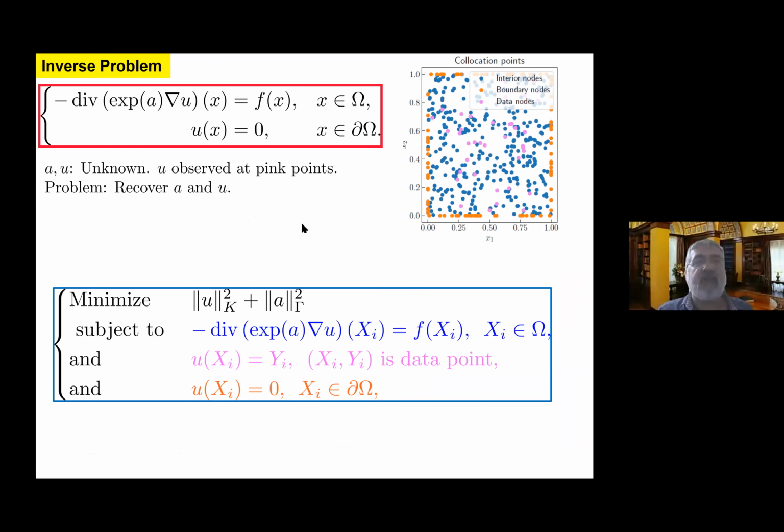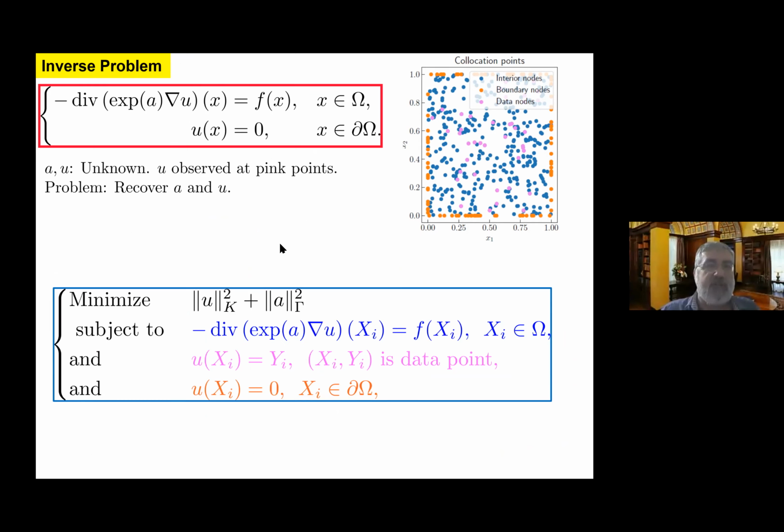Now, this method can naturally be extended to inverse problems. As an example, consider the problem of approximating the solution u and the coefficient a of the following PDE, given the values of u at a finite number of points, which are colored in pink in this figure.